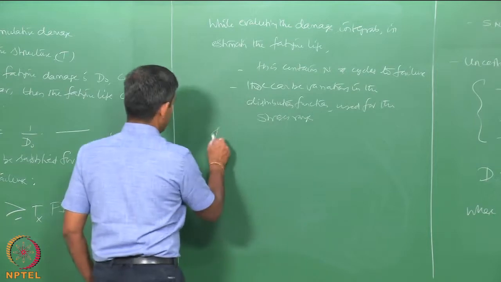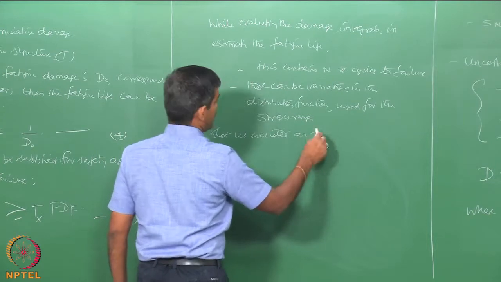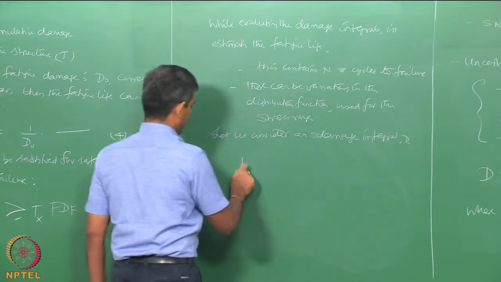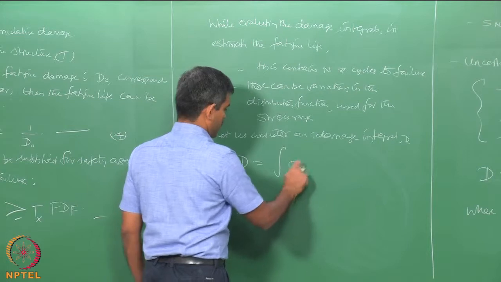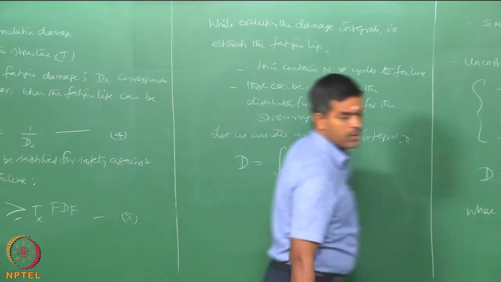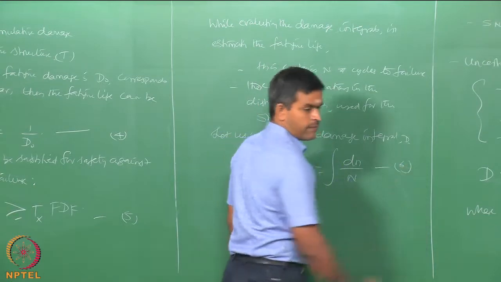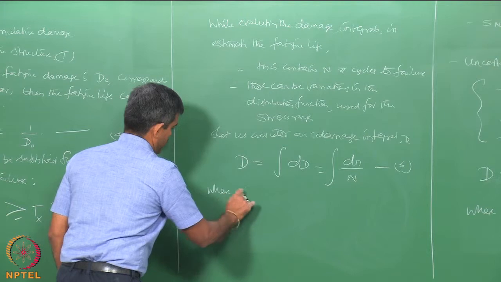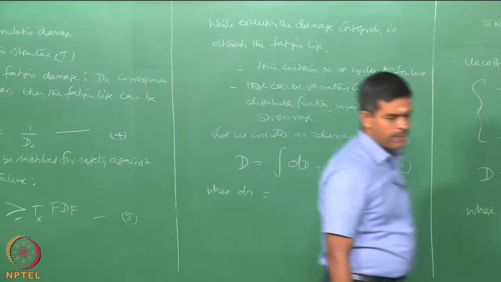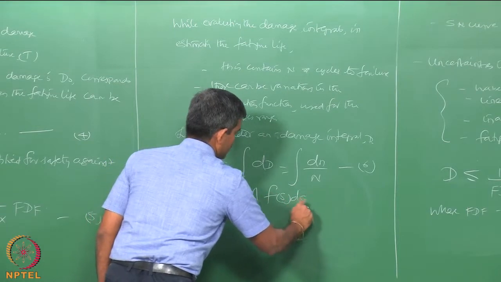Let us consider a damage integral, let us say D, where D is given by the integral of dn by N, where dn is m into f of s ds.